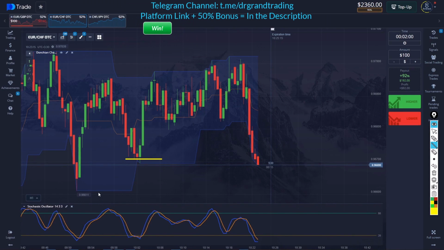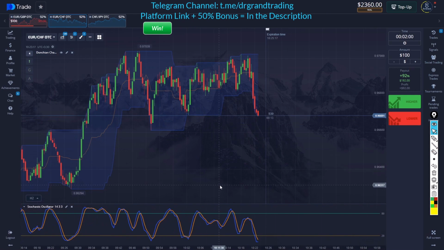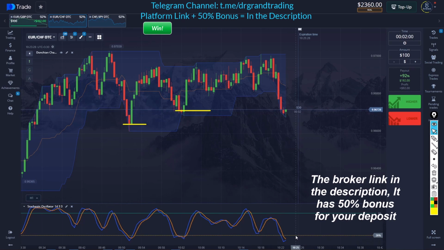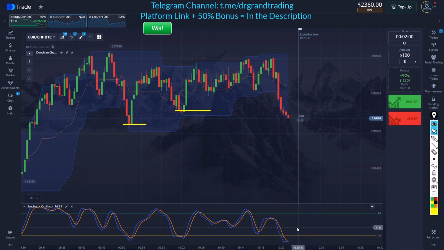Okay, we are at this support area, and if you look at here, previously we got reversed from here, and this time we are looking for an intersection. Okay, not yet. I need a very solid intersection.